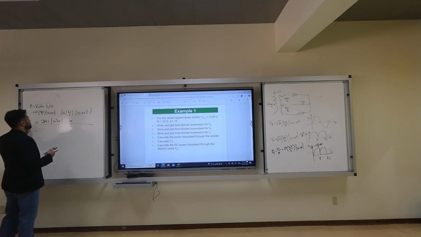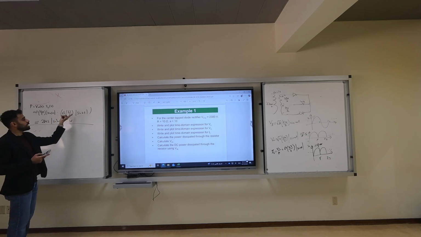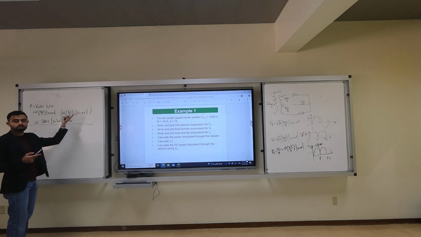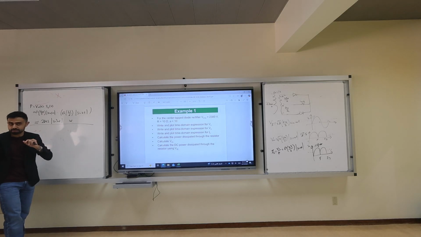Even if you do I square R, if you square this times R, you should get the same expression. Or use V square over R, you should get the same expression.